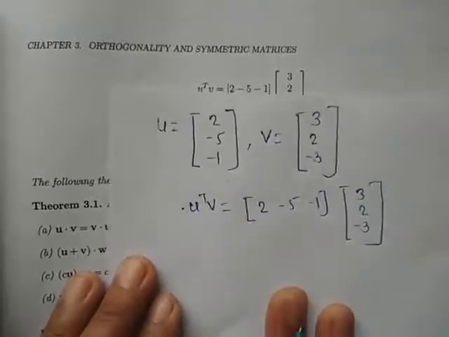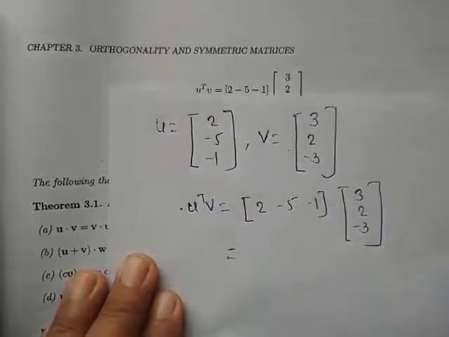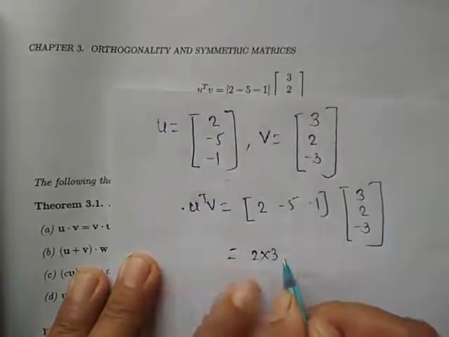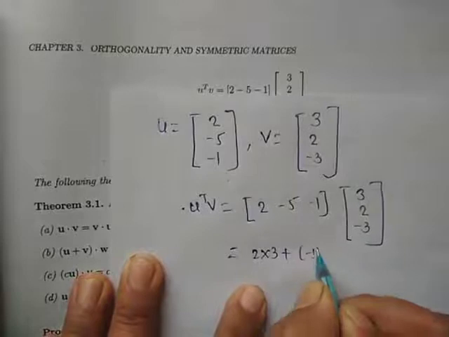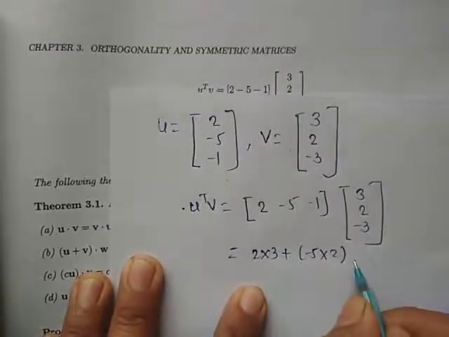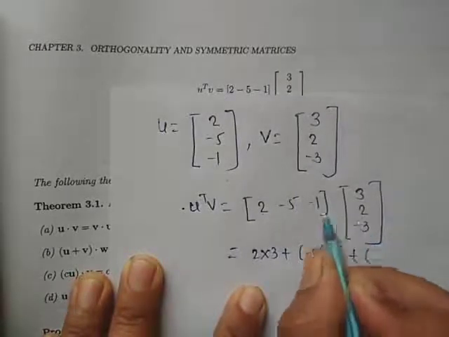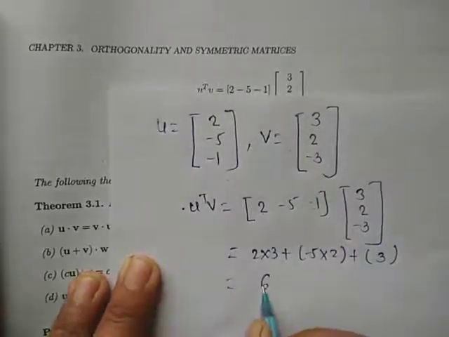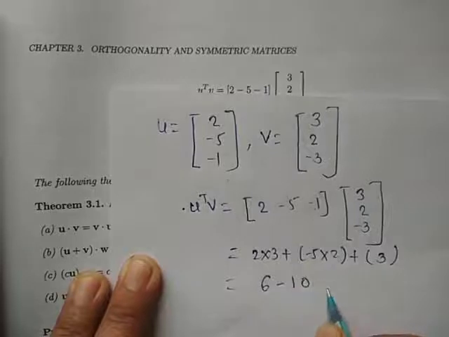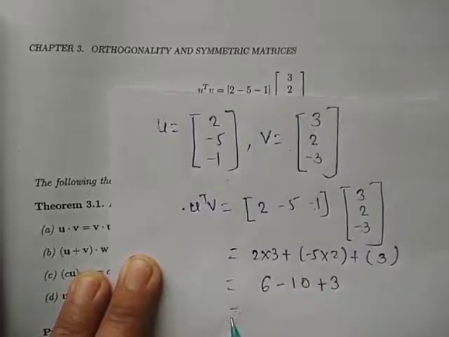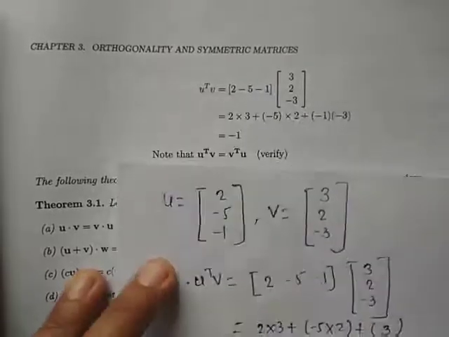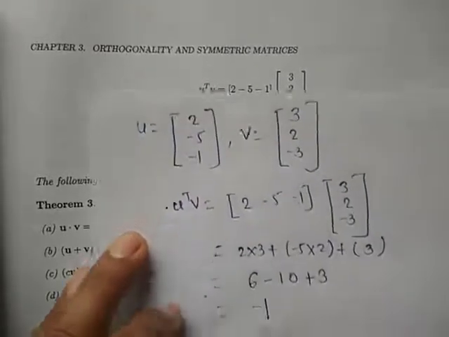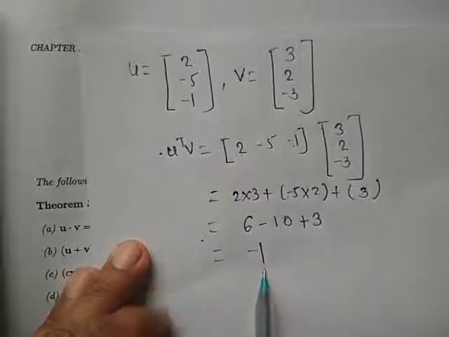This multiplication is nothing but 2 into 3 plus minus 5 into 2 plus minus 3 into minus 1, which is plus 3. Okay. This is nothing but 6 minus 10 plus 3, which is equal to minus 1. So we get u transpose into v is minus 1.